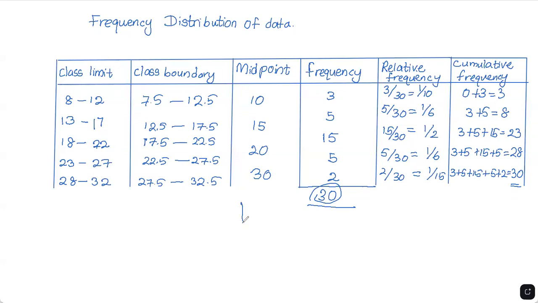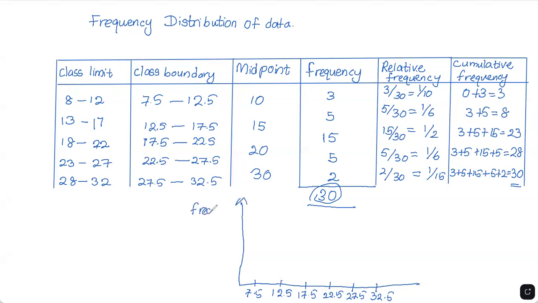So I'm going to use class boundaries, which is 7.5, 12.5, 17.5, 22.5, 27.5, and 32.5. So I'm going to use the frequency here.